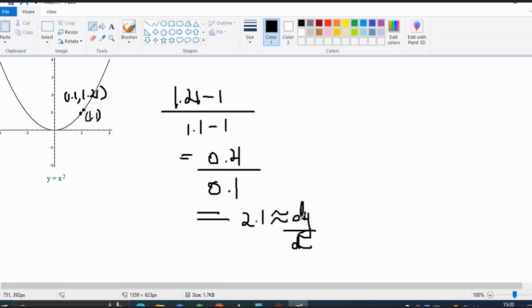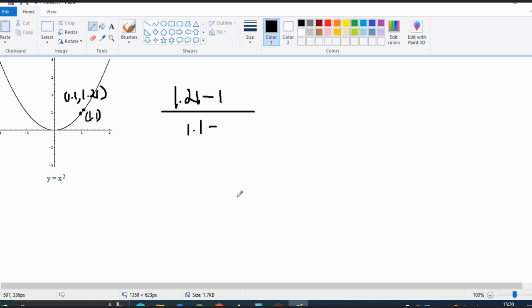Now what if we wanted an even better approximation? Well, let's just choose a point that is even closer to 1 comma 1. Like, you can get infinitely close. So let's just take 1.001 or 1.0001. Now what's the y coordinate going to be?